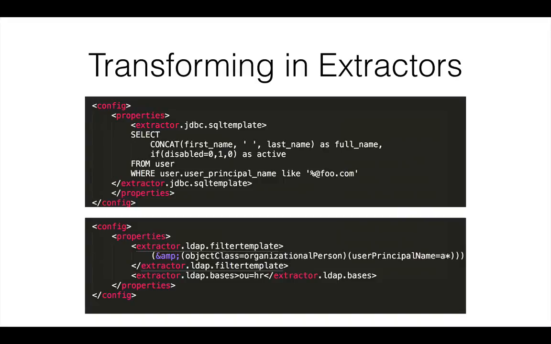The second example is synchronization from Active Directory. That's LDAP. With LDAP, we can't do all this fancy stuff with transforming the data, but we can do one important thing: filtering, because LDAP trees are big, and people put random accounts in random places.